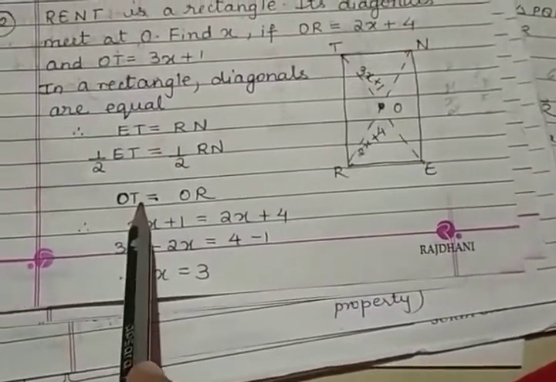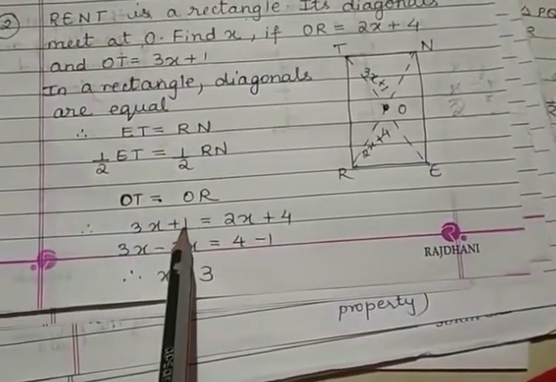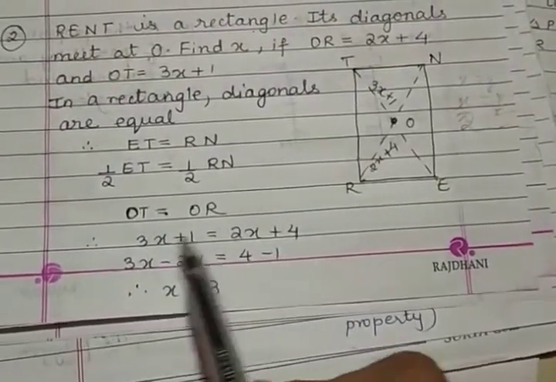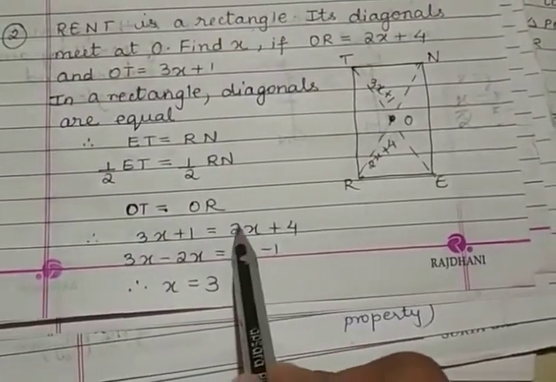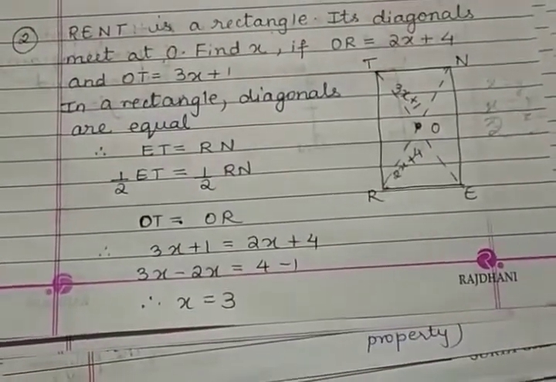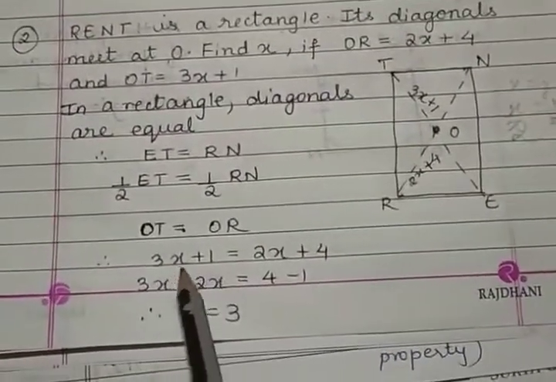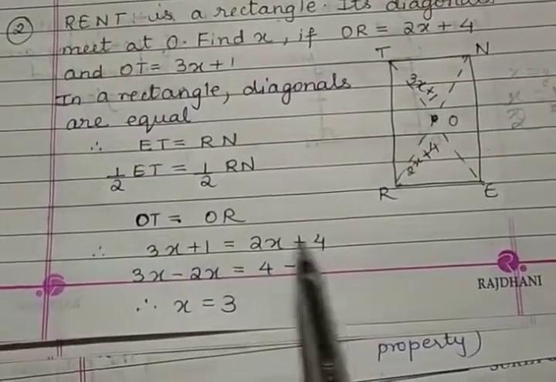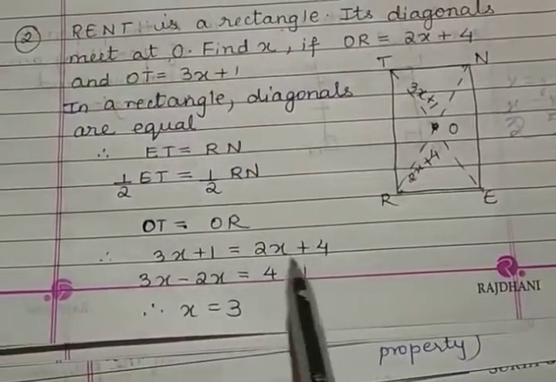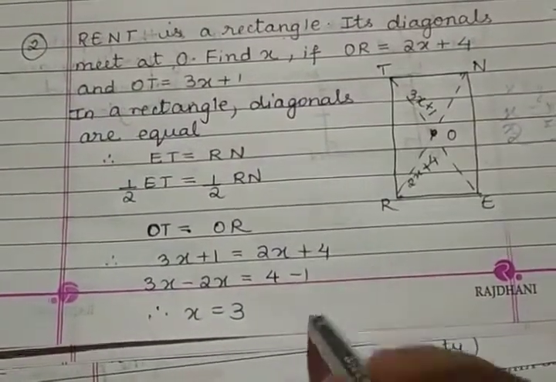What is OT? OT is 3x plus 1, which will be equal to 2x plus 4. I'll take all the variables on one side and the constant terms on the other side. So we get 3x minus 2x is equal to 4 minus 1. 3x minus 2x is x and 4 minus 1 is 3. So the value of x is 3.